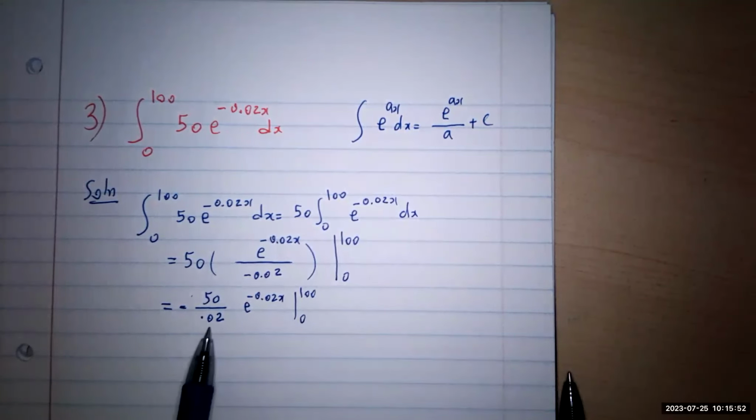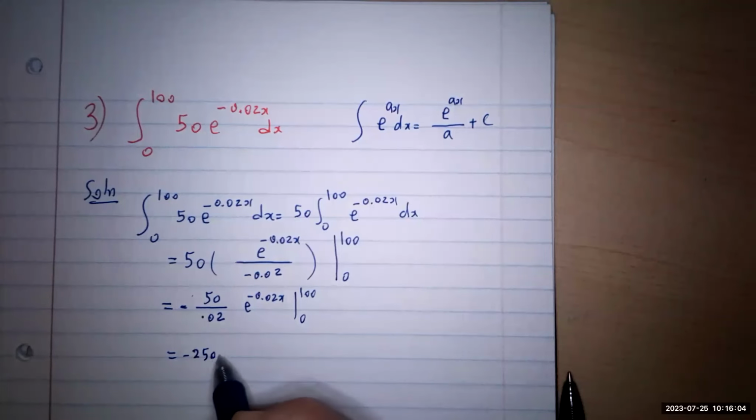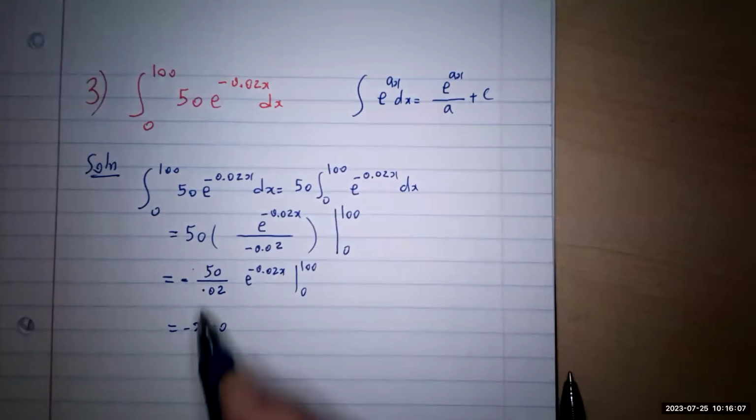You can put 2 zeros on the top, that makes it 5,000, and 5,000 divided by 2 gives you 2,500. Or just use your calculator. It's going to be negative 2,500. Okay, this is how you simplify.